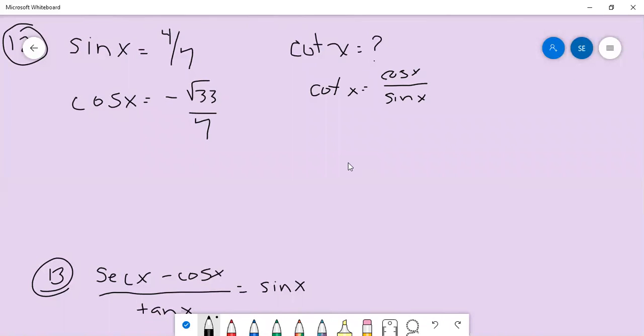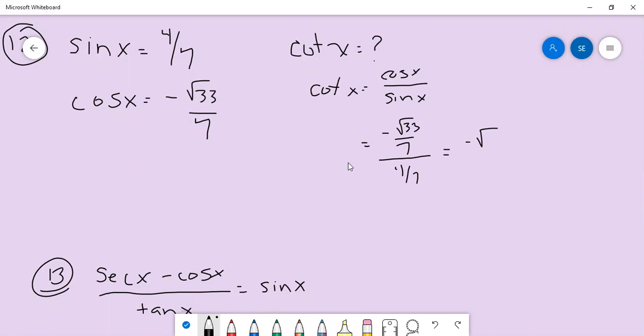So now we just have to plug this in. We know what cosine x is, and we know what sine x is. So cosine x is negative square root of 33 over 7, divided by our sine of x, which is 4/7. Now we have a compound fraction here, so let's rewrite this.